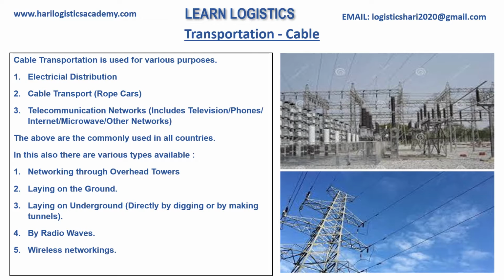On the transportation, the next mode is the cable. The cable transportation is used for various purposes. One is for electrical distribution. Second is cable transport. There are tramways, rope cars, sky lifts.